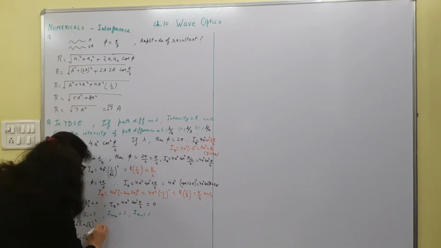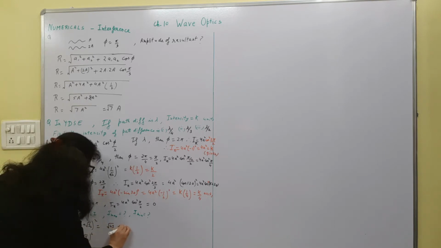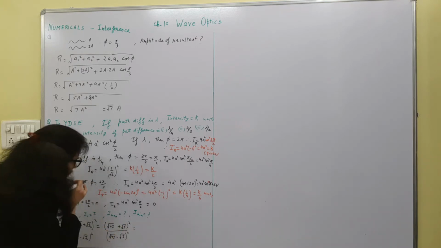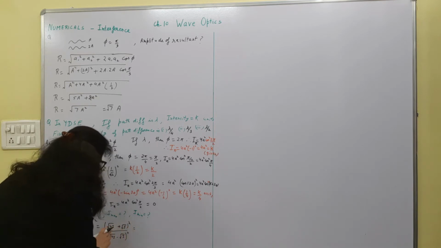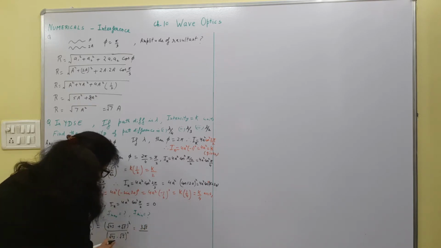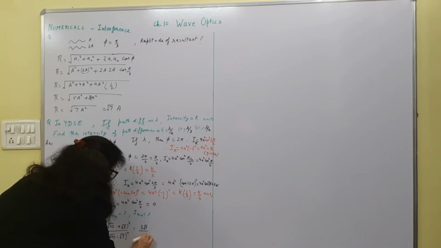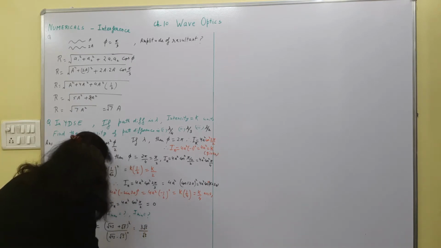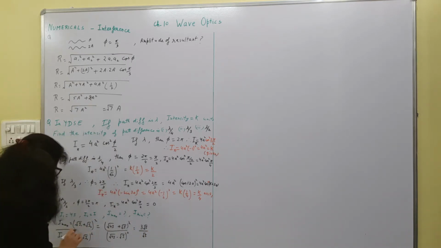So this is root of 4I plus root of I upon root of 4I minus root of I. This is 2 root I plus root I. This is 3 root I upon 2 root I minus root I. So this is root I, if we are finding the ratio.